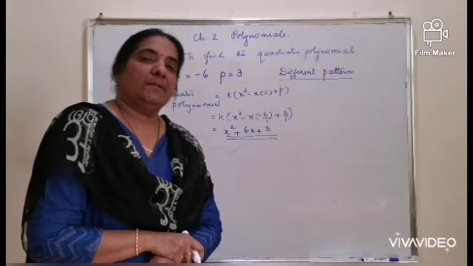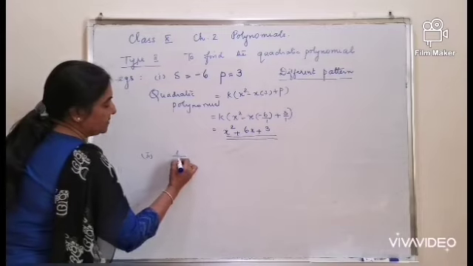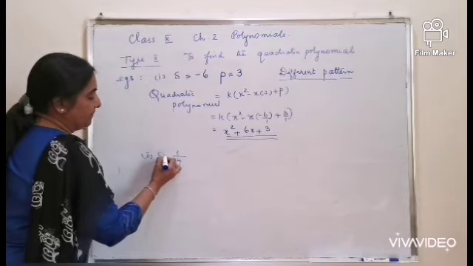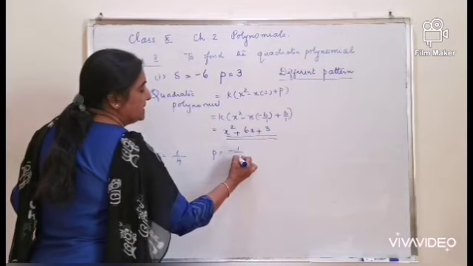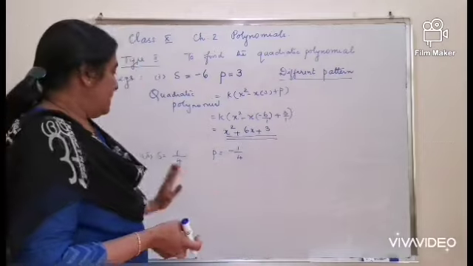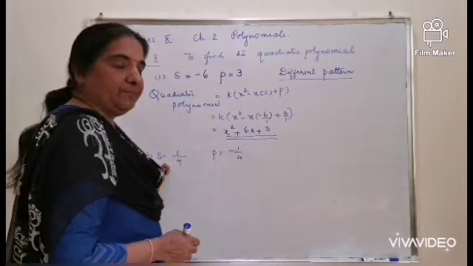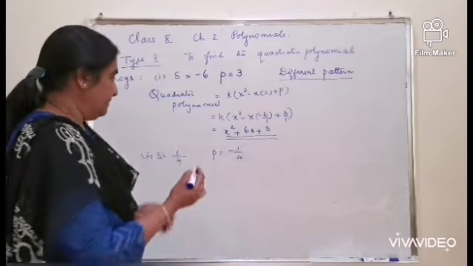Imagine the case when the sum of zeros is 1 by 4 and the product of zeros is -1 by 4. The same way, the question is a direct question with sum and product directly given to you.